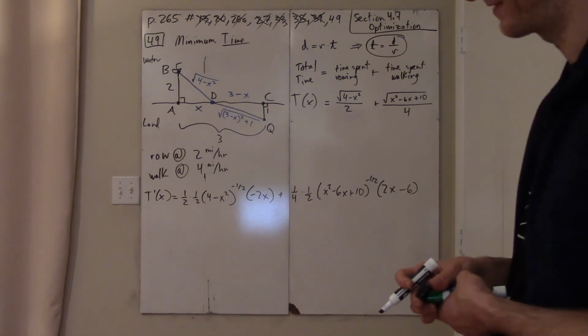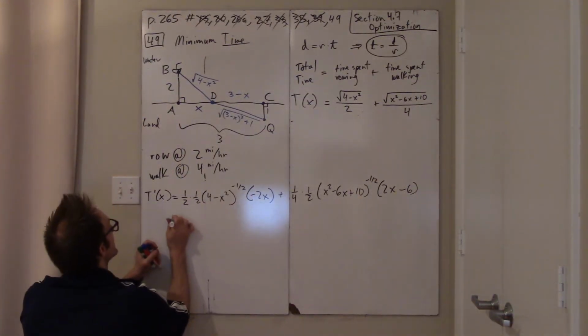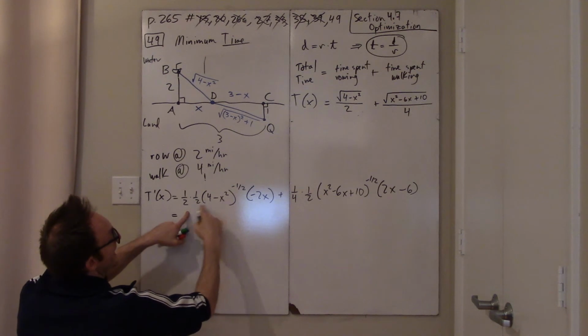and now I want to know when this derivative is 0, I guess. Alright, so let's simplify this as much as possible. What do we get here?